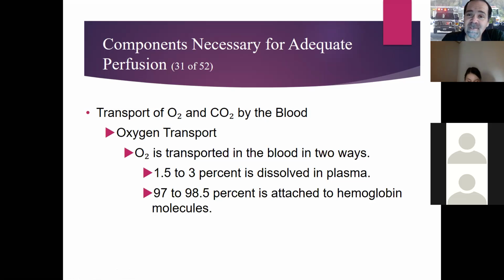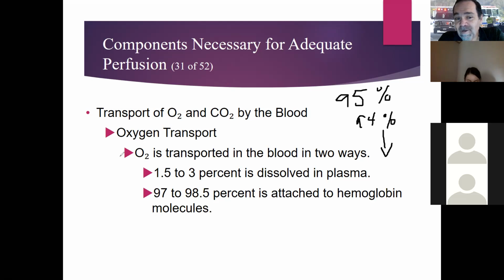Anything above 95% is considered normal. So 95% and above, you're okay. Once you start hitting 94% and go down, then we need to forcibly give you oxygen. But 95 and above is normal.